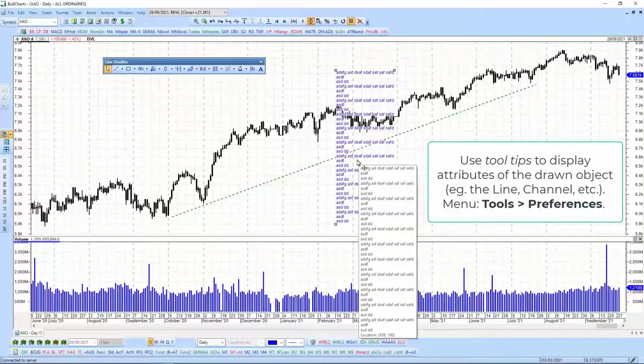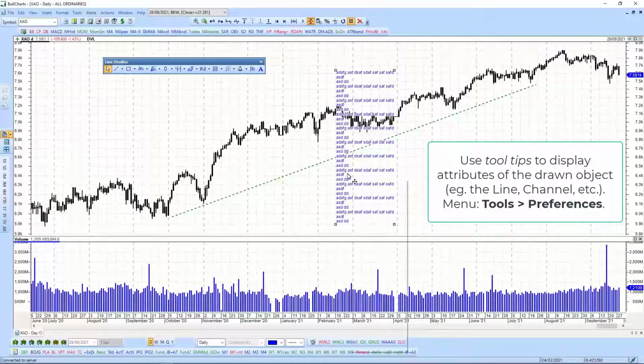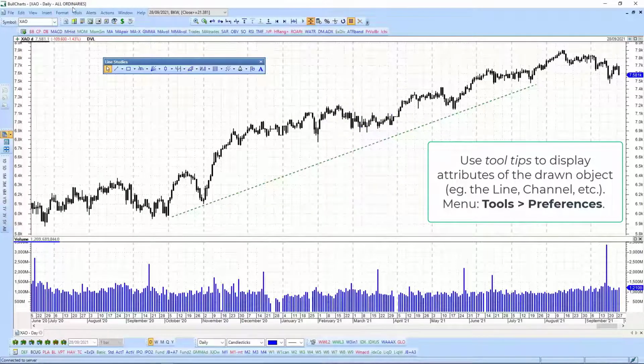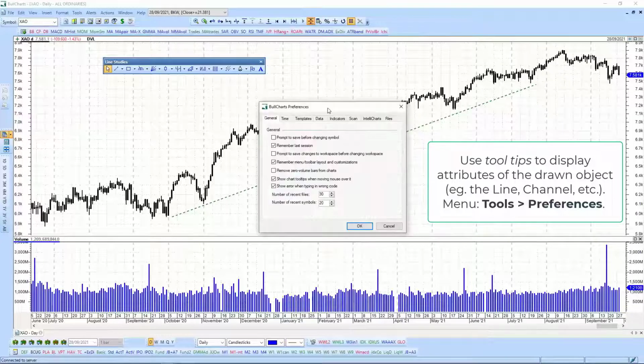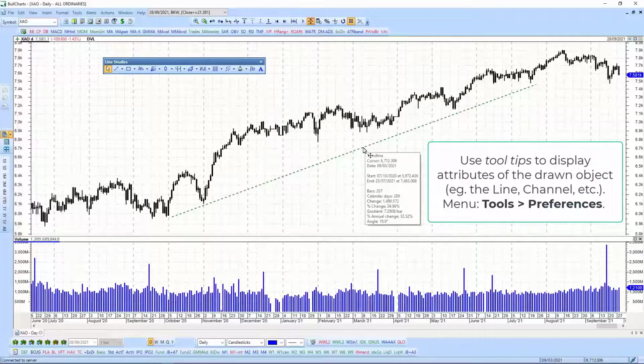If you've got a really large text box with lots of text in it, then this can become very distracting, having that pop up all the time. So you can turn it off by going to Tools, Preferences, and in that dialog box, Show Chart Tooltips when moving mouse, untick that box and it'll stop that coming up.